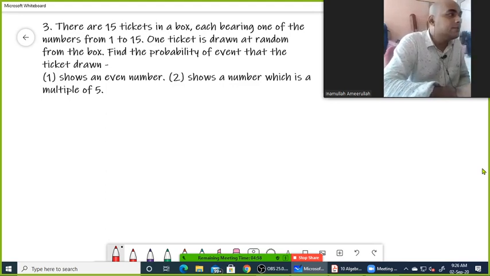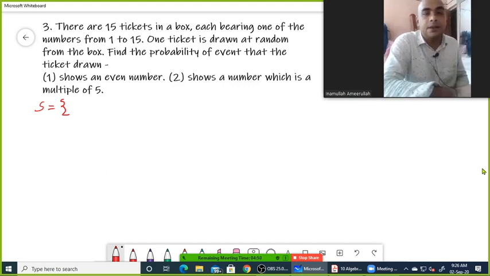First we will write down the sample space. We have 15 tickets, each bearing one number from 1 to 15.